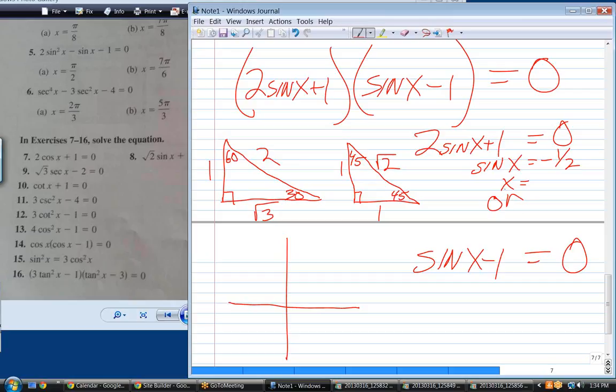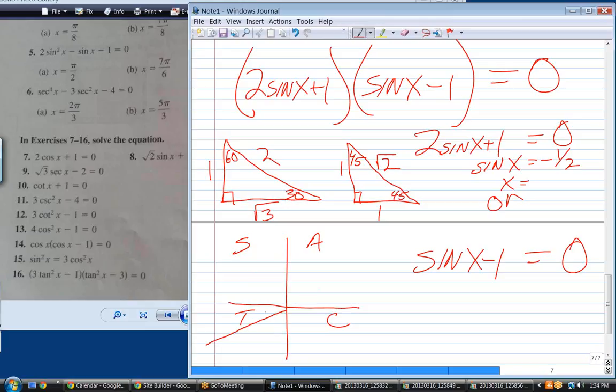That means that x, if I said the sine of x equals 1/2, x would be 30 degrees. Well, we're saying negative 1/2. Sine is positive in the first quadrant and the second quadrant, and it's negative in the third quadrant and the fourth quadrant.